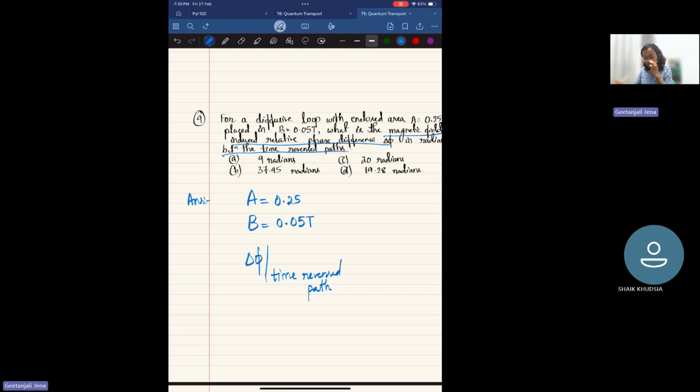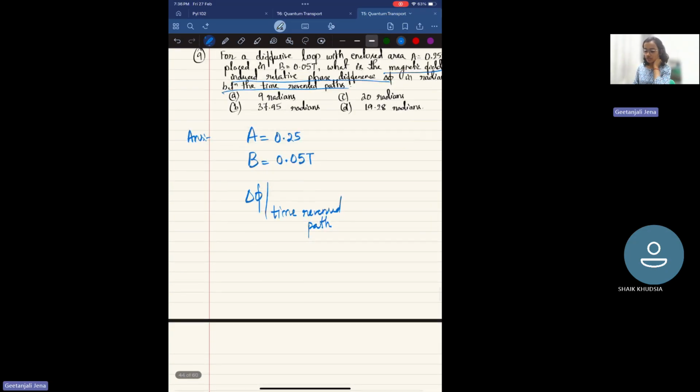What do you think will be the answer for this? So the formula, okay, let me solve it. The time reverse paths have a phase shift of 4 pi phi by phi 0.